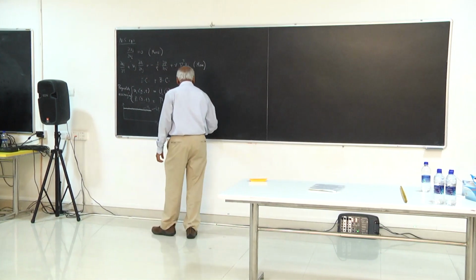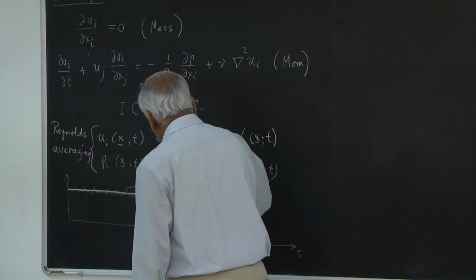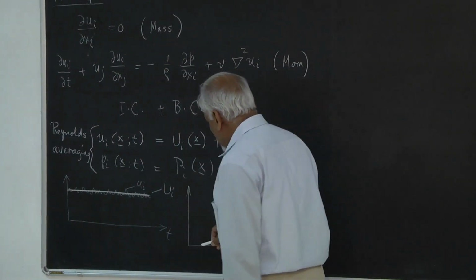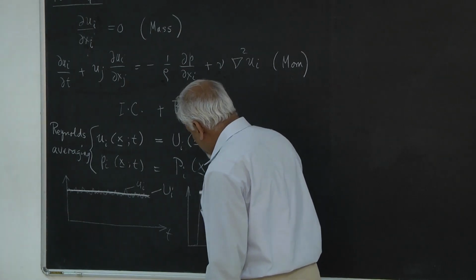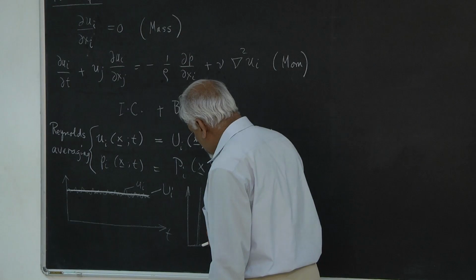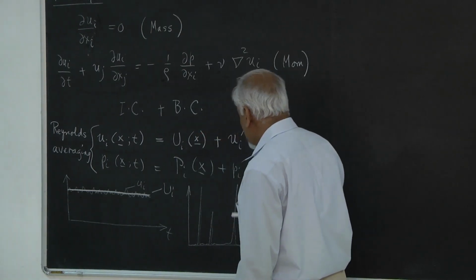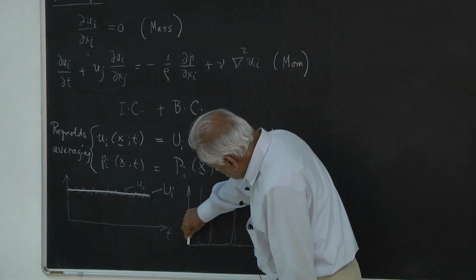It's worse if I have a quantity like this. As a function of time, if I had some quantity that was most of the time doing nothing, but suddenly it went off to some huge value, say hundreds of times the mean value, and the mean value will be here somewhere.